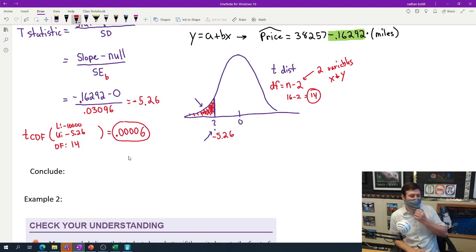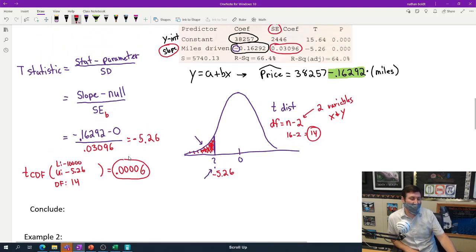There was a 0.0006 probability of getting a slope like this one or smaller by random chance alone, which is so low that it never happened, so we definitely reject the null. All right, there is a negative relationship here. We do definitely have evidence of a negative relationship, a negative slope.